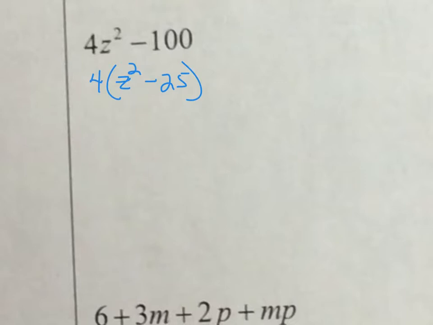So this time I'm left with 2 terms inside the parentheses. Christian and Tristan, what's the first question I should check for if I have 2 terms? Is this the difference of squares? Yes, it is. Z and Z, and 5 and 5, and it's a minus.